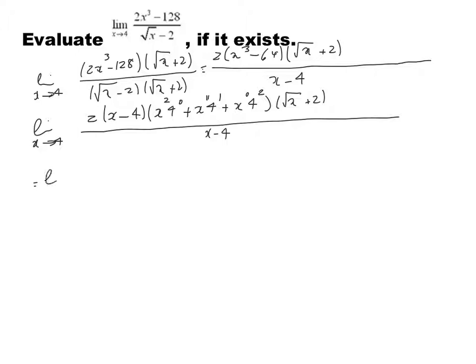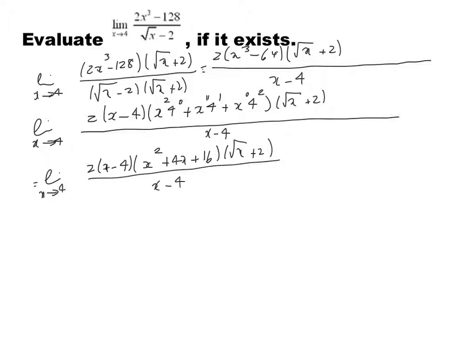This is the same as the limit as x goes to 4 of 2 times x minus 4 times x squared, since 4 to the 0 is 1, plus 4x, since 4 to the 1 is 4, plus 16, times square root of x plus 2, over x minus 4. The x minus 4 factors cancel each other out. So this is really substituting x equal to 4 in this fraction.